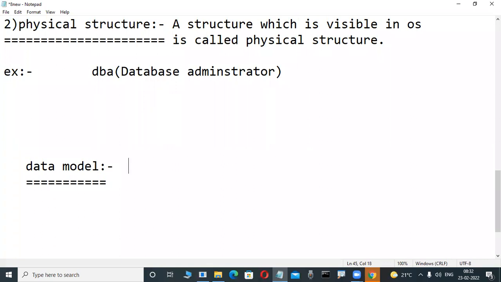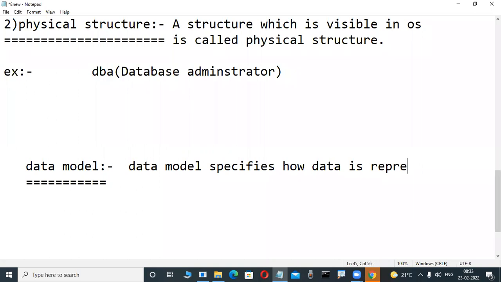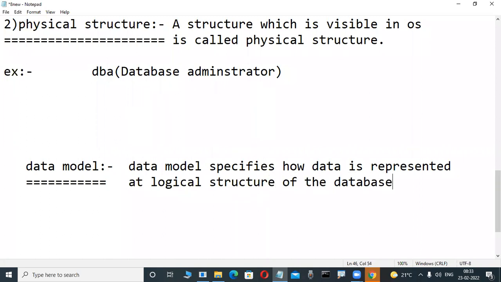Not physical, logical structure of the database.